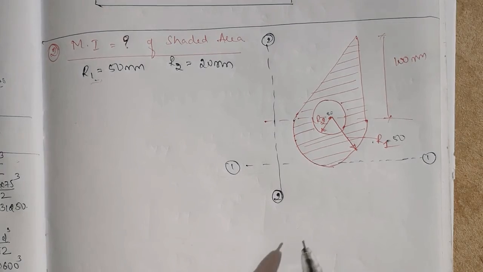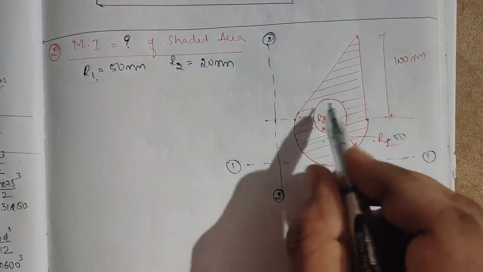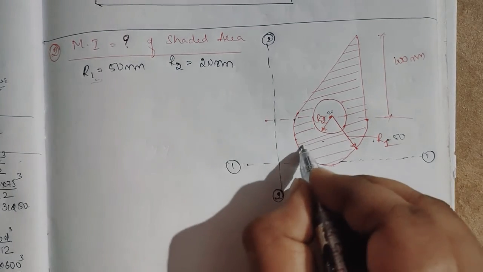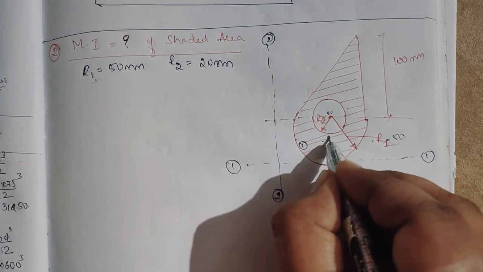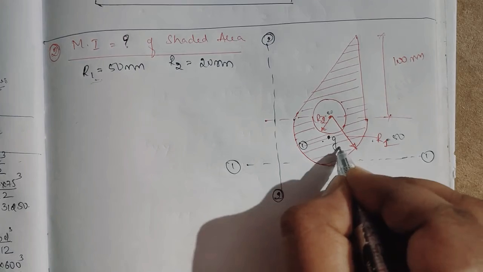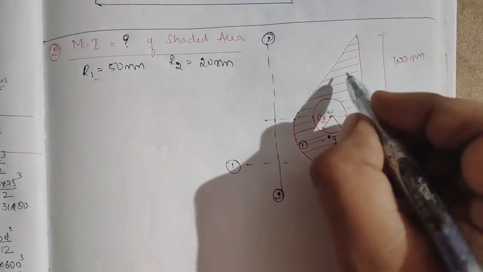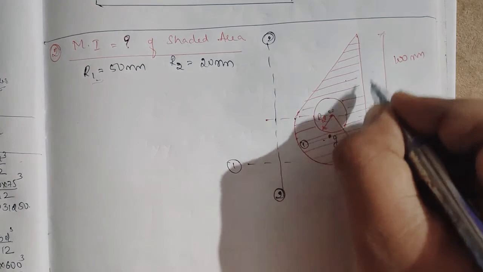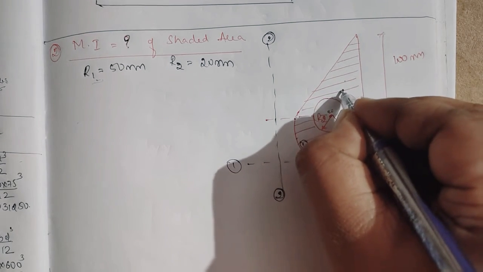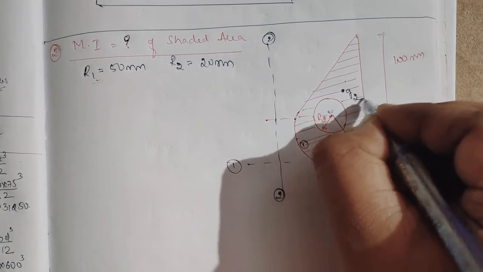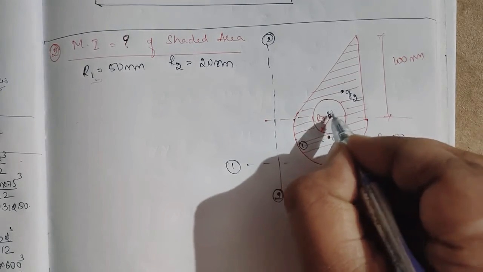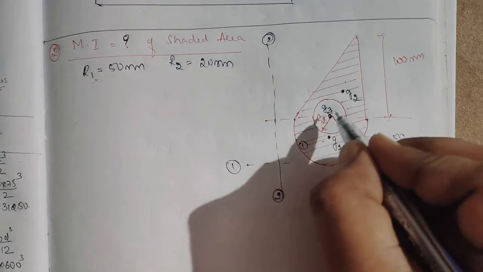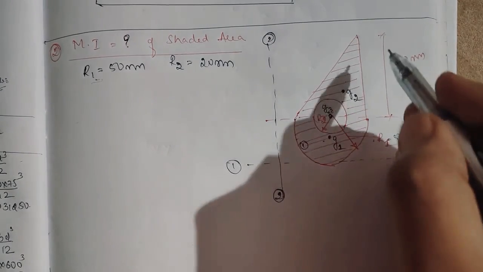Okay, so this is a semicircle, this is a triangle, and this is a circle. So I'll consider three parts. In line with this, I'll get G1 for the semicircle, G2 for the triangle, and G3 for the circle. So this is 100 mm.